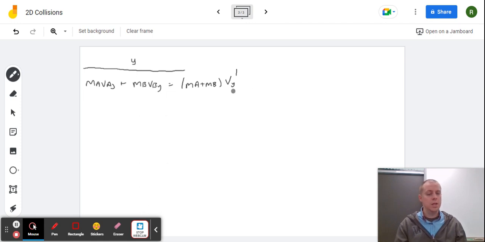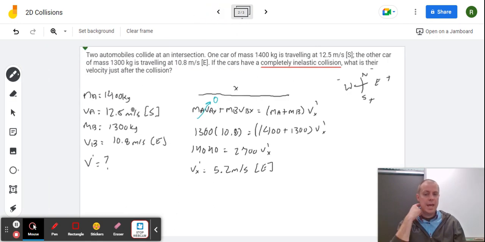And once again, same setup. They have a combined speed because they stick together. Now this time, VA had a vertical velocity, a velocity in the y direction, 12.5 meters per second going south. But VB was only going east.